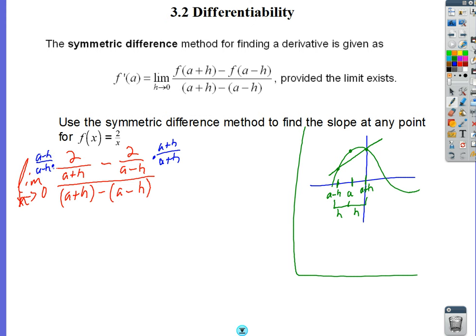Going kind of quickly here, this is then turned into the limit as h goes to 0 of 2a minus 2h, minus quantity 2a plus 2h, all over a plus h times a minus h, well, that's just a squared minus h squared, all over.